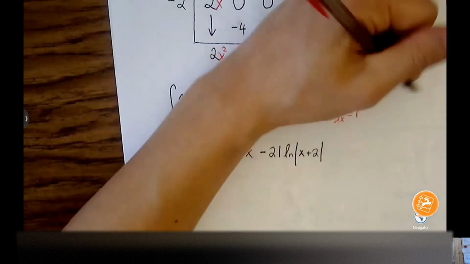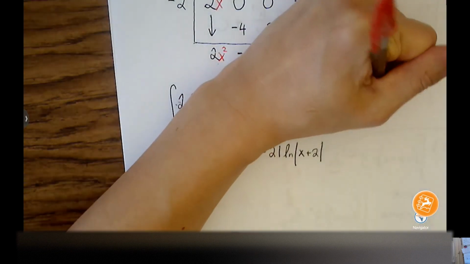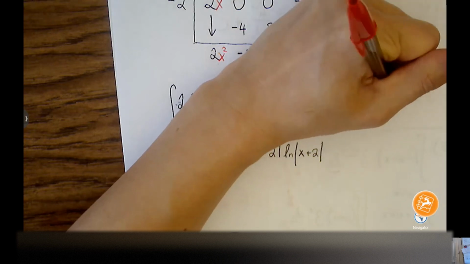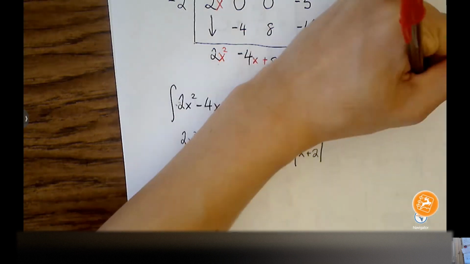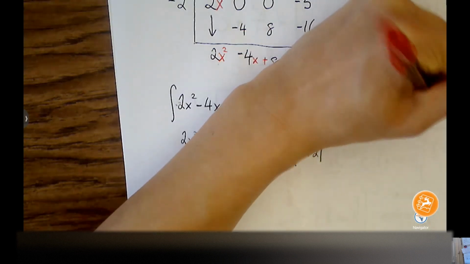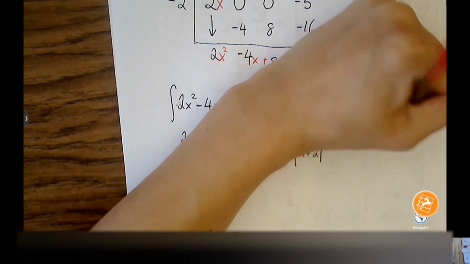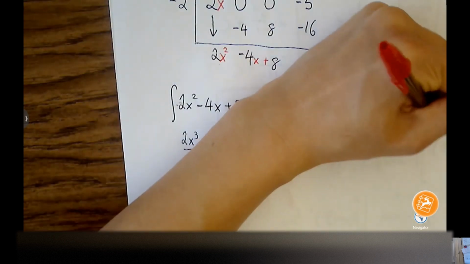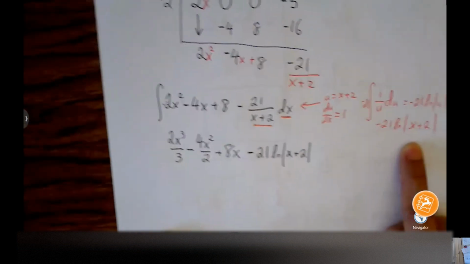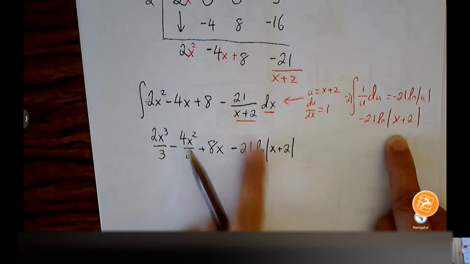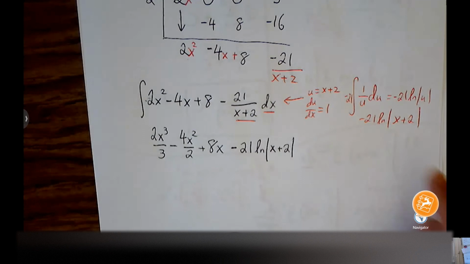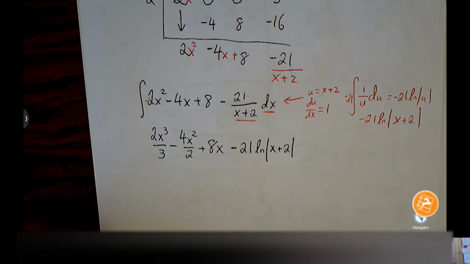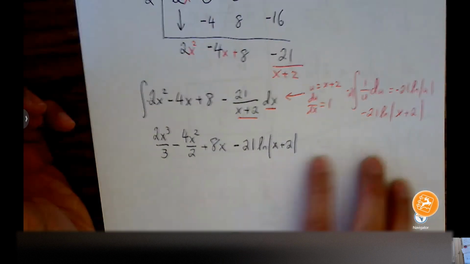Okay, thank you. Okay, so that's where that negative 21 natural log of x plus 2 came from if you want to go through the full U substitution. Okay, so no plus C.